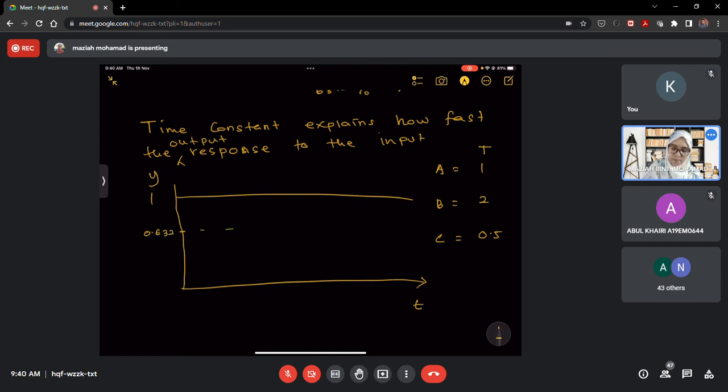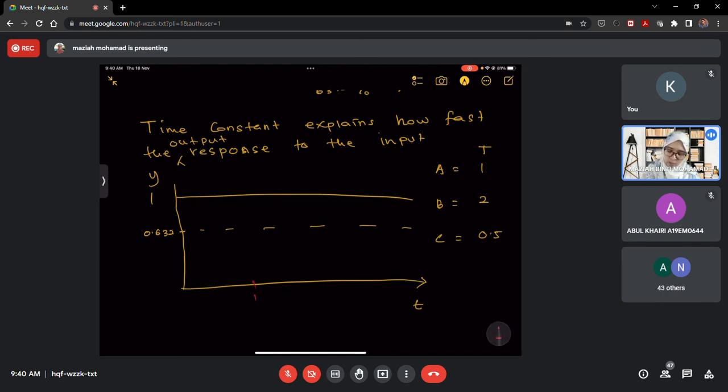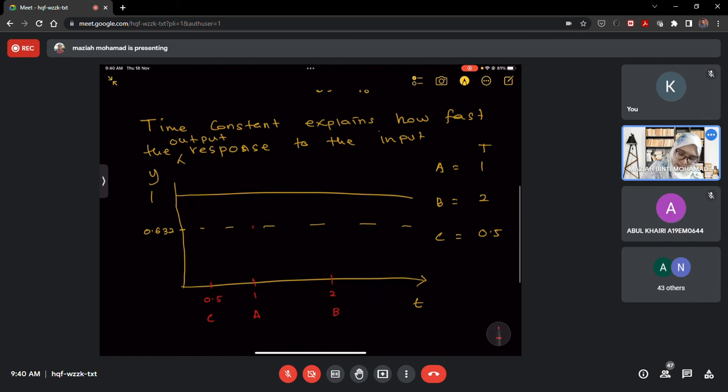Let's consider this is 0.632. Meaning this is 1, this is 2, this is 0.5; this is system A, system B, system C. System A will reach 0.632 at 1 second.